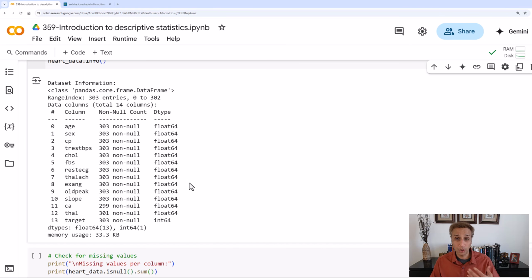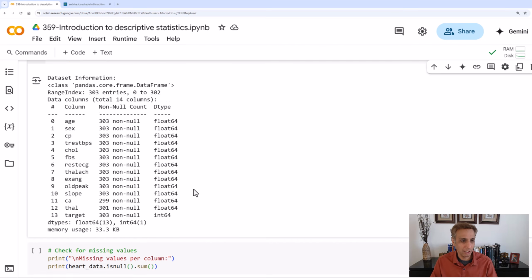We need to either drop them or fill them with some values, which we'll see in a minute. And what type of data is it? In all cases, it's float64, except for the target, which is an integer. The target is 0 or 1: no heart disease or yes heart disease. Age should also have been an integer, but it's okay. We can work with float.